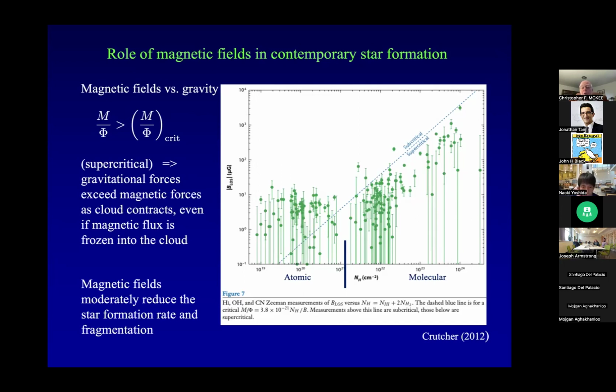It's plotted as a function of the column density and divided into two parts. The low column density region is mainly atomic, whereas the high column density region is primarily molecular. Roughly speaking, it's consistent with a constant field of order 6 microgauss in the atomic gas, but a magnetic field which increases with column density in the molecular gas.